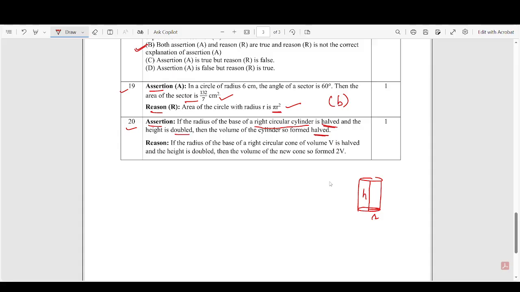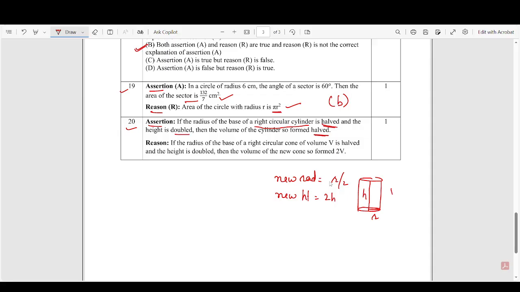Now they are saying when the radius of the base is halved, that means the new radius is half of this, that means r upon 2, and the new height is doubled. Here the height is h, so double of h is 2h. They are saying that the new volume will be half of the old volume.